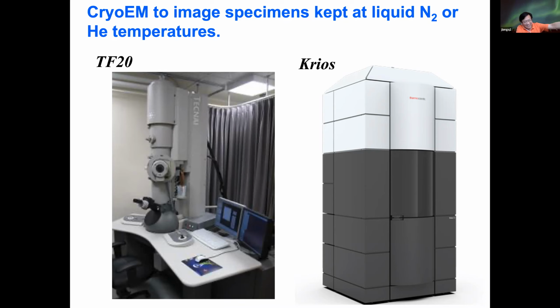On the left side is the old version of the microscope, and in the middle you can see the sample pot where we can transfer the specimen into the microscope while maintaining it at liquid nitrogen temperature. On the right side is a very modern microscope, and it's a black box. Basically, the sample is inserted into an automatic loading system and kept at liquid nitrogen temperature.